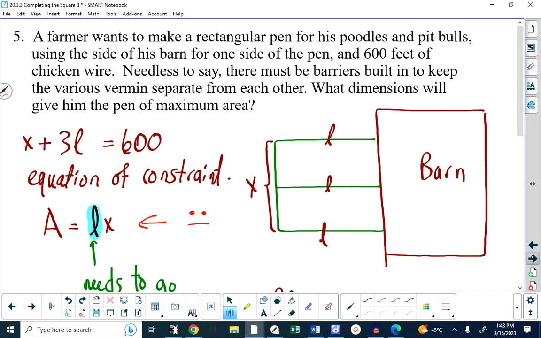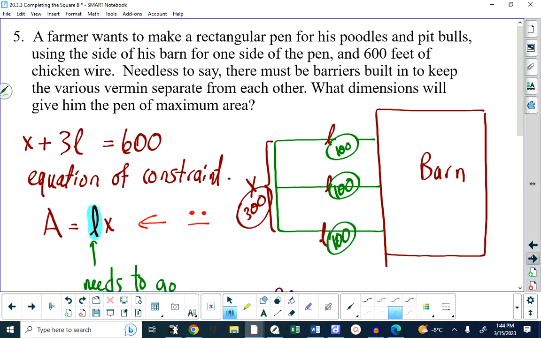If x is 300 and we have 600 feet of fencing, this must be 100 here, 100 here, 100 here. By the way, if you take the length times the width, what do you get? Shouldn't be a big surprise. 30,000, the maximum area.